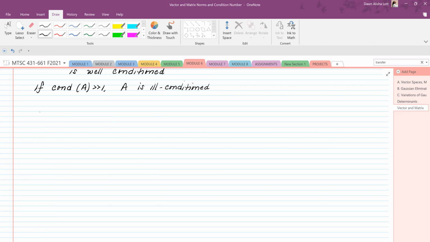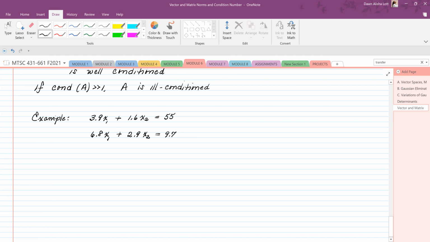Okay, so here's an example. All right, so 3.9 x1 plus 1.6 x2 is equal to 5.5, and 6.8 x1 plus 2.9 x2 is equal to 9.7.